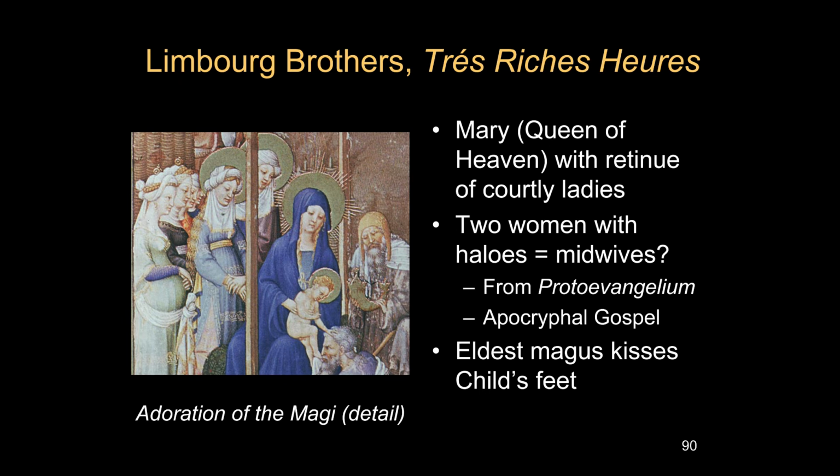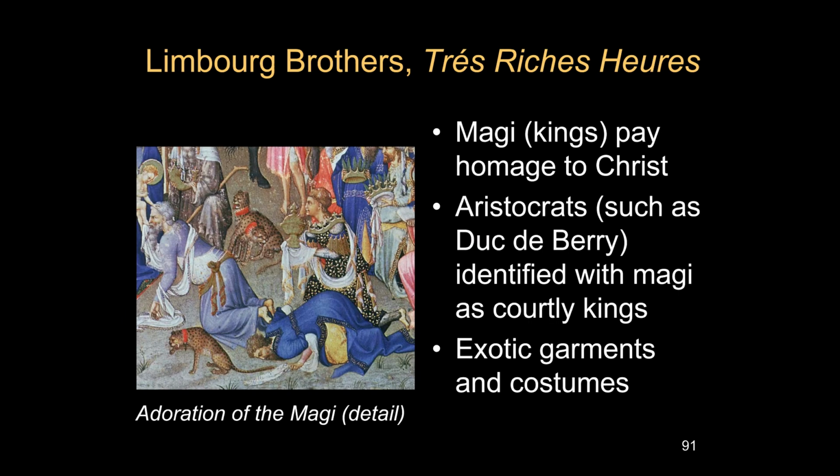Very frequently, in most paintings of the Adoration of the Magi, you have the eldest Magus kneeling before the Christ child. And very frequently, he is kissing the child's feet. And here you can see the child is actually placing his hand on the head of the eldest Magus and is blessing him. Here we see some of the other Magi.